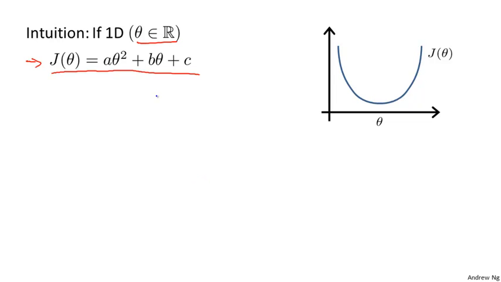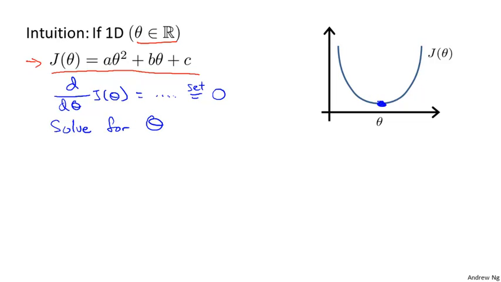For those of you that know a little bit of calculus, you may know that the way to minimize a function is to take derivatives and to set derivatives equal to 0. So if you take the derivative of J with respect to the parameter theta, you get some formula, which I'm not going to derive, and then you set that derivative equal to 0, and this allows you to solve for the value of theta that minimizes J of theta.